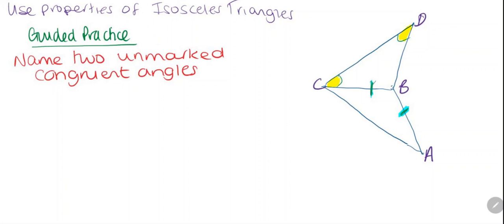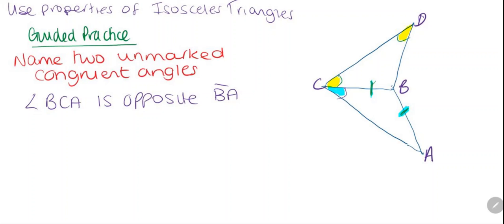So we can say that angle BCA, this angle here, which we'll put here, is opposite, so let's write that down. Angle BCA is opposite segment BA.